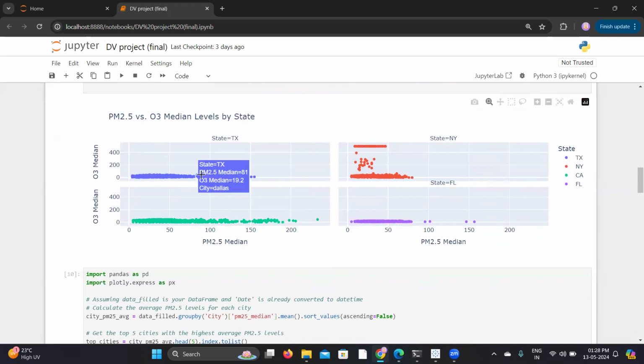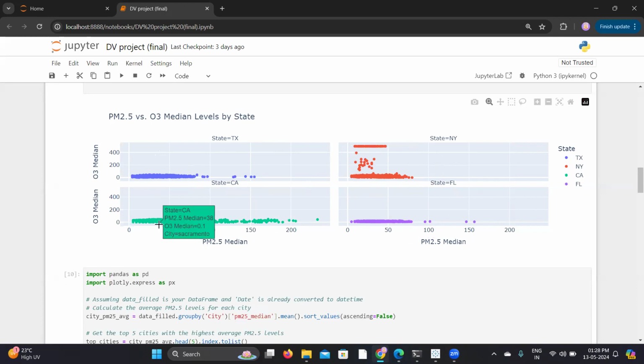The plot for Texas shows a relatively consistent O3 level regardless of PM 2.5 levels, but consistently low O3 levels. New York is characterized by a cluster of high O3 levels. Florida's data points indicate both low O3 as well as low PM 2.5.